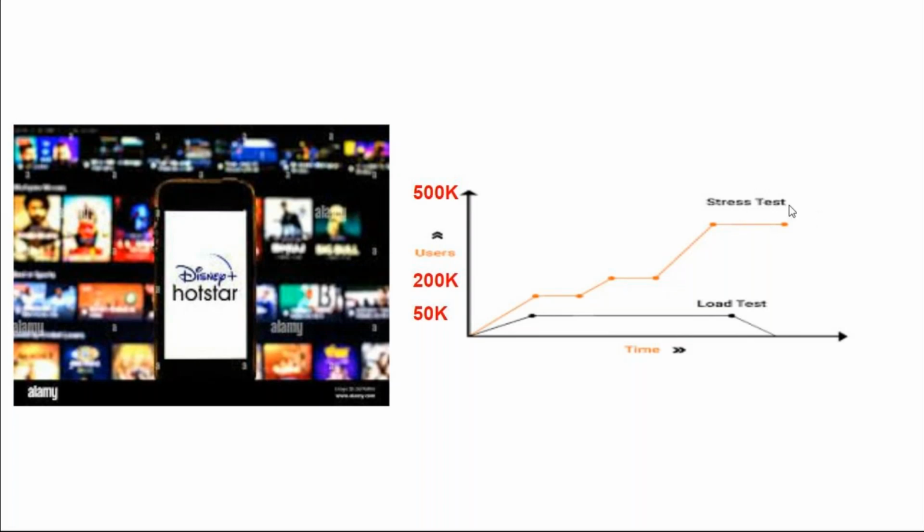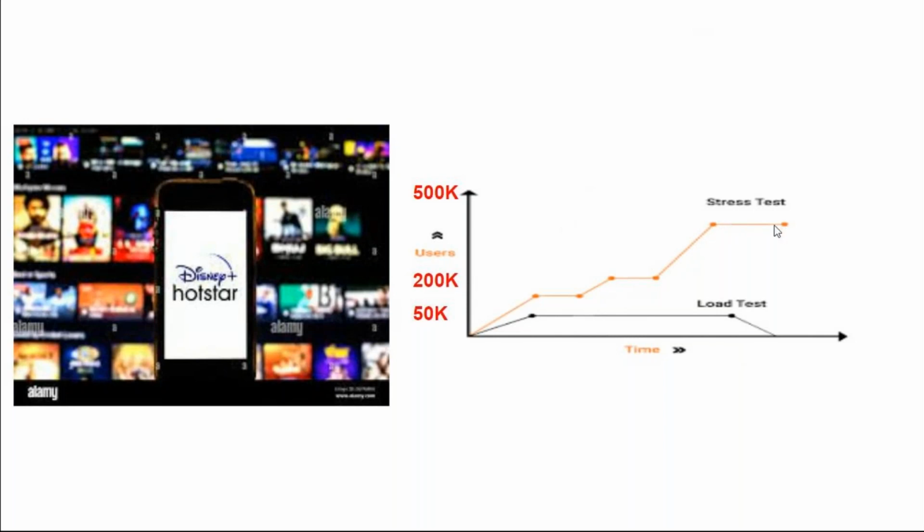But we keep on increasing the users, running each step for 15 minutes, and see at what point the application crashes. For example, initially we start off with 50K and 100K users, and if you see here, 100K users are running for 15 minutes, and then increase to 200K users, and those 200K users are running for 15 minutes, and we keep on increasing the number of users until the app crashes.